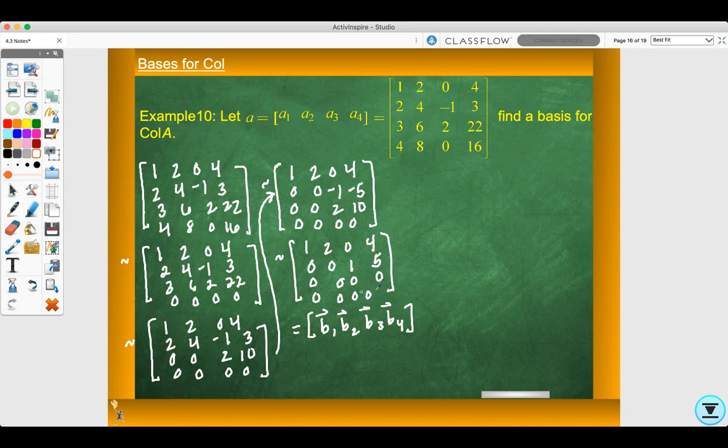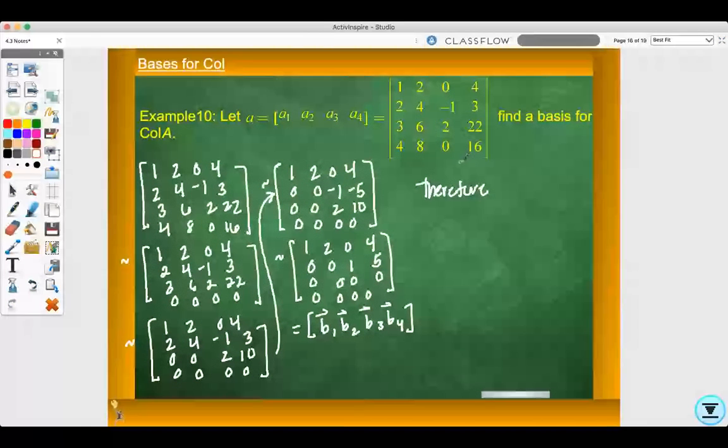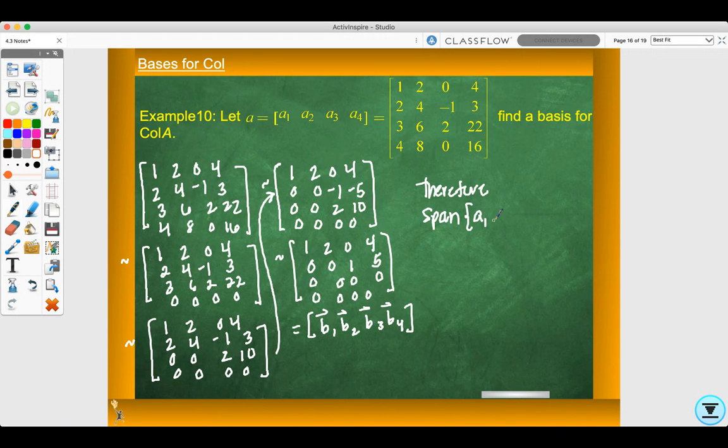So therefore, the span of A1, A2, A3, A4 equals the span of A1 and A3.